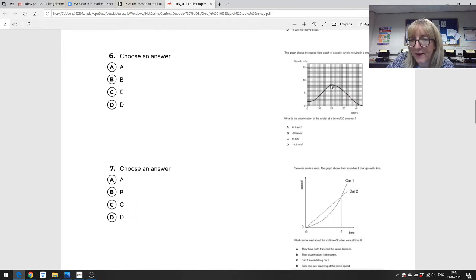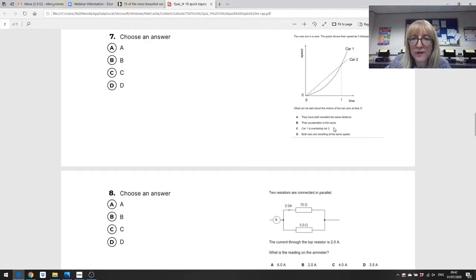And at 20 seconds, there isn't a change, it's flat. Yeah, the gradient is 0. So the answer to what's the acceleration at 20 seconds is also 0 because the gradient is 0. So 6 is C.